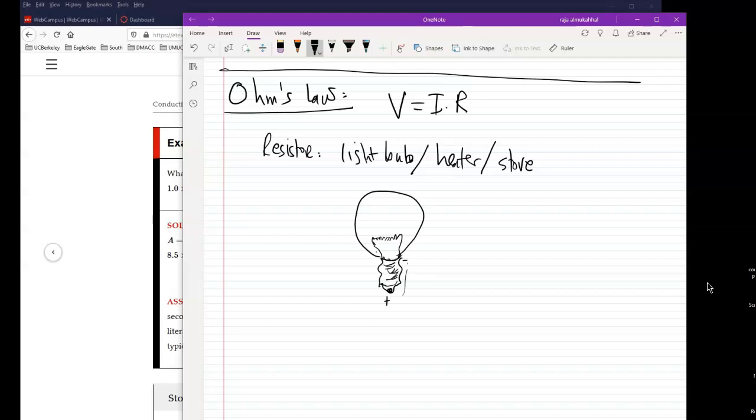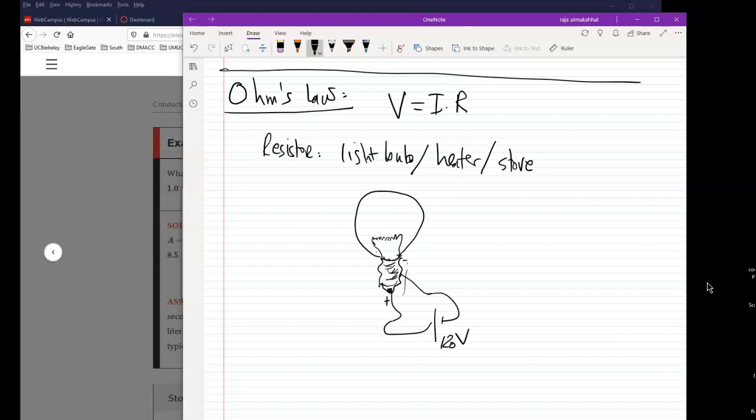When you connect it to a voltage, let's say 120 volts, like the voltage you have in your home, a huge current will pass through this little wire. It's a tungsten wire, and it's very, very thin. So it will resist the flow of those electrons due to this high voltage. As a result, it will heat up so much that it will glow.